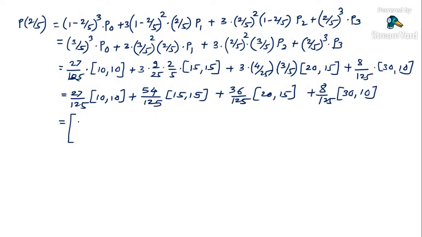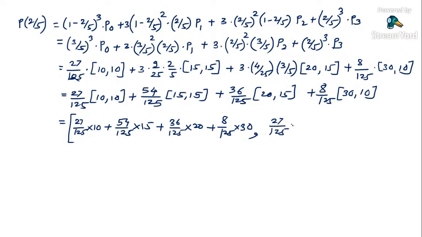What is the x value? 27 by 125 into 10 plus 54 by 125 into 15 plus 36 by 125 into 20 plus 8 by 125 into 30. Next, y is 27 by 125 into 10 plus 54 by 125 into 15 plus 36 by 125 into 15 plus 8 by 125 into 10.